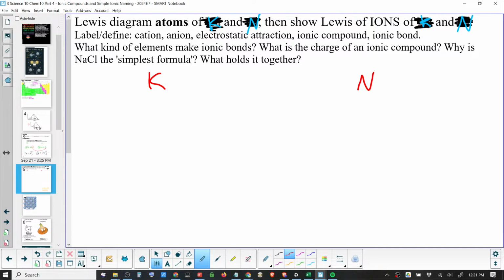Exactly. Excellent, you started, but those aren't the ions. Those are the atoms. You need the ions. And then you need to figure out what you did to get those ions. Once you've drawn out the atoms, you'll convert those atoms into ions.